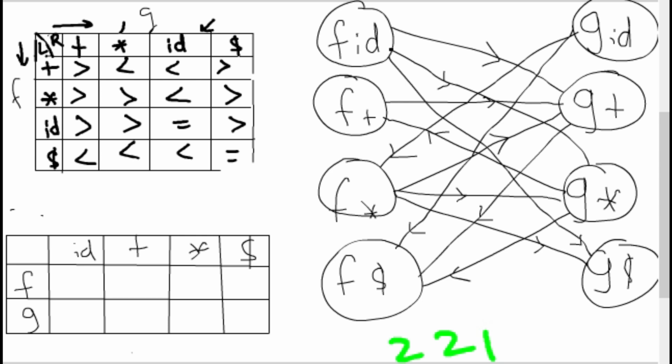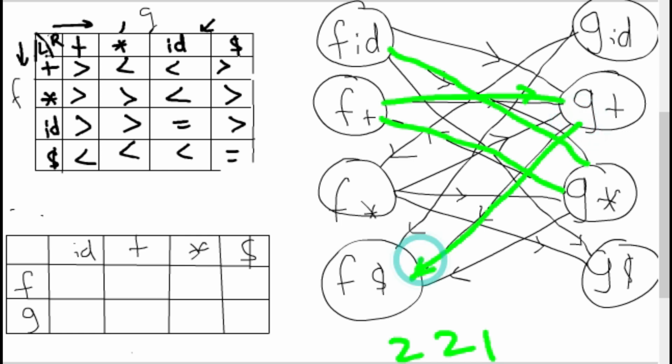Now F ID goes to G star. Now G star goes to F plus. There is a line that goes from G star to F plus. F plus goes to G plus, you can see it right here, and then G plus is going to F dollar. Now there are 4 different edges.